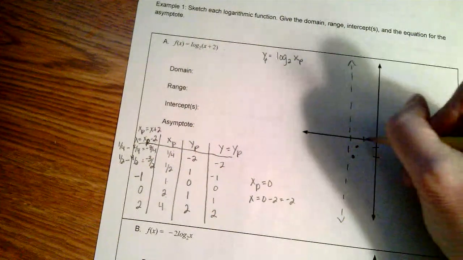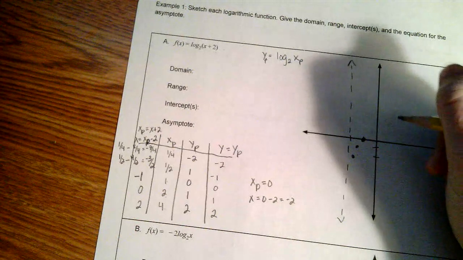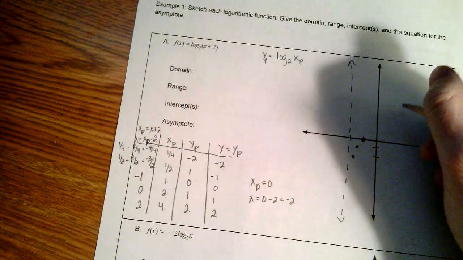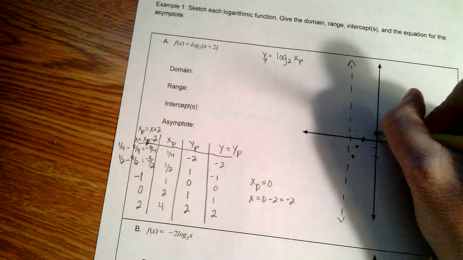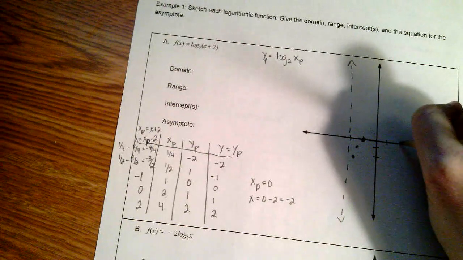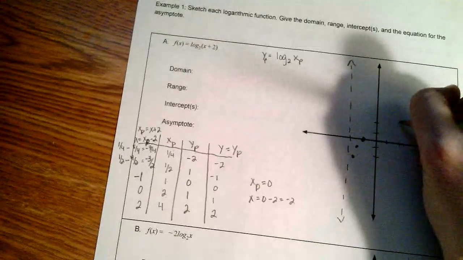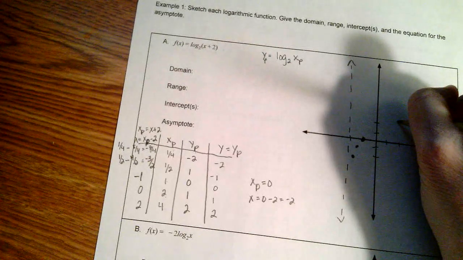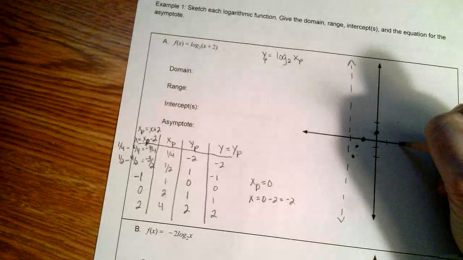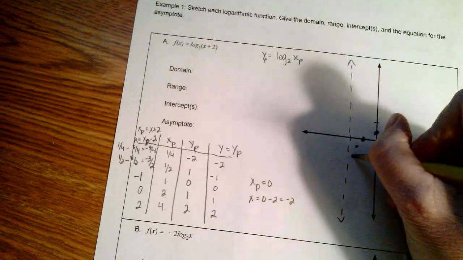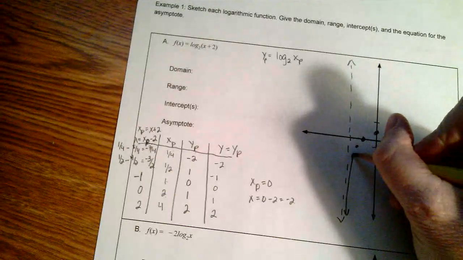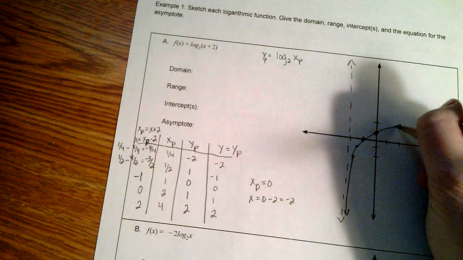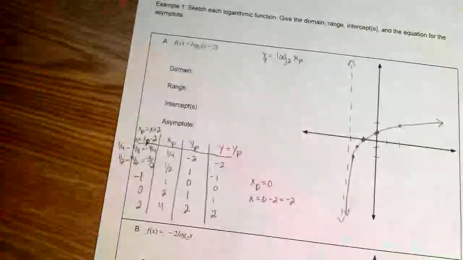Then I have the point (-1, 0). Oh, I'm sorry, I have the point (0, 1), and I have the point (2, 2). And again, I'm going to draw a smooth curve to finish that graph.